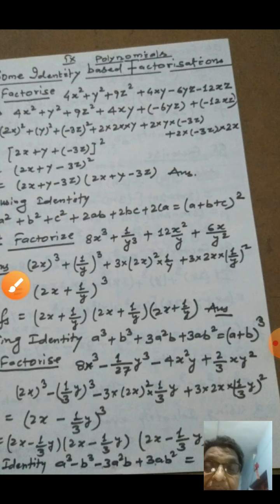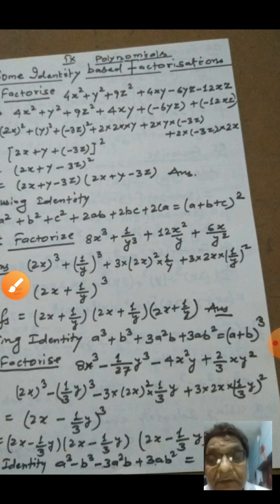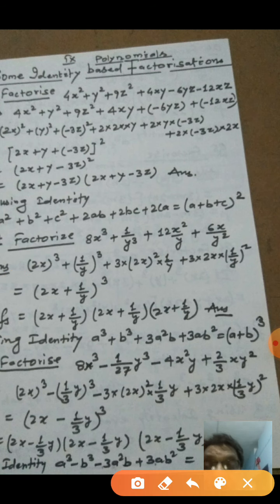Okay, students. Now the remaining part of this identity is minus 3a square b plus 3ab square. All things we have written here, and you may verify it by simplifying these terms; you will get the terms of your question.